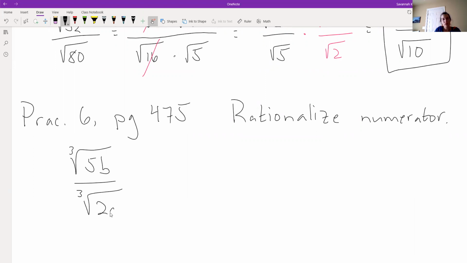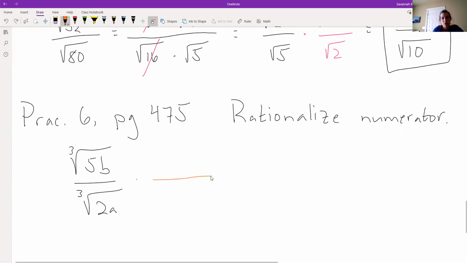Okay, these 2 quantities, these 2 roots are already rationalized or already simplified. So we can go right to the part where we want to multiply by a fraction equal to 1, and we want to create that fraction by looking at the numerator.